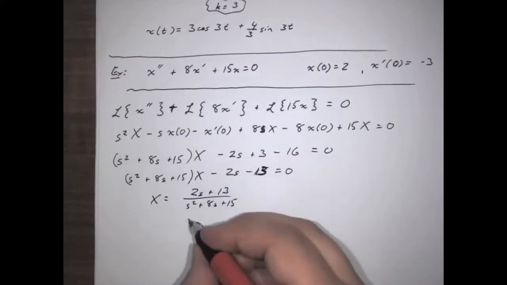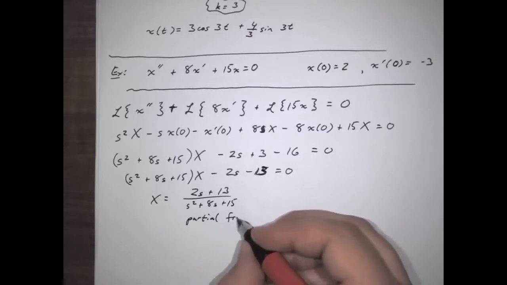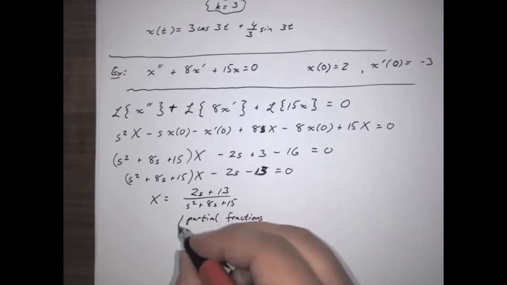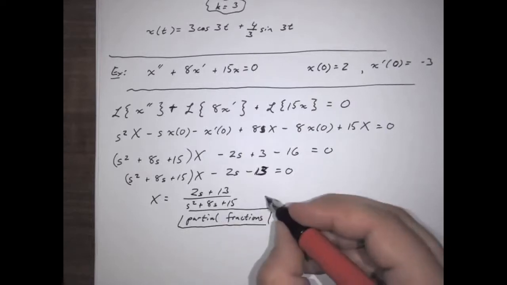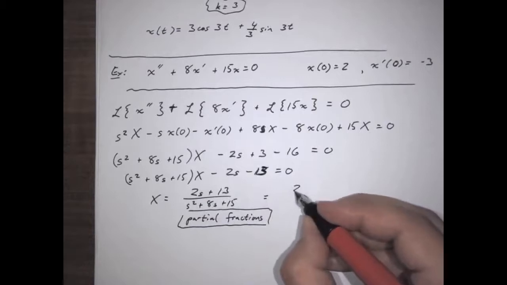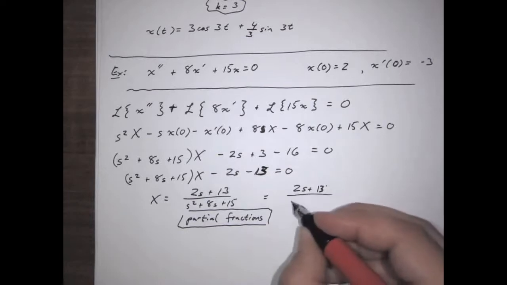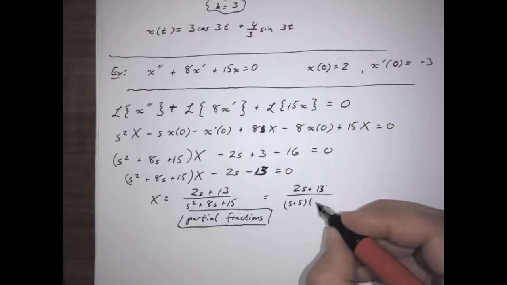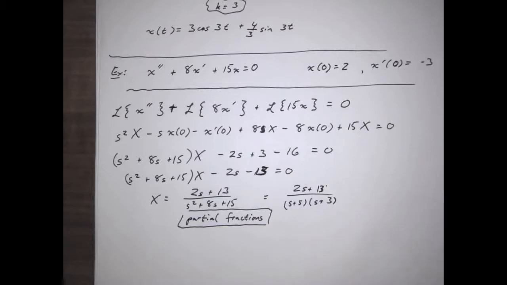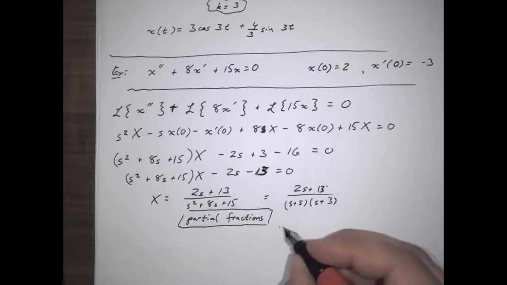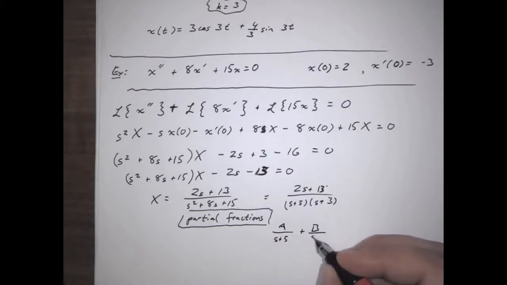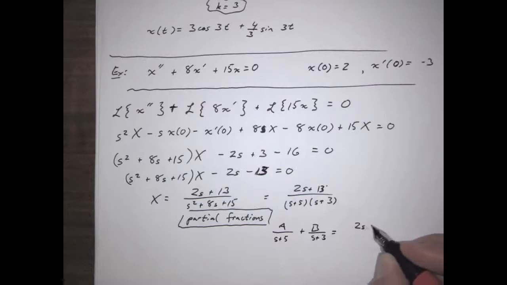Now what I'll want to do is use partial fractions. And rewrite this as 2s plus 13 divided by s plus 5, s plus 3, and then what that means is A over s plus 5 plus B over s plus 3 is equal to 2s plus 13 over s plus 5, s plus 3.